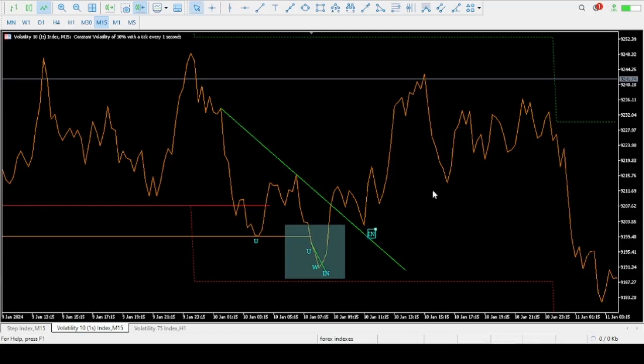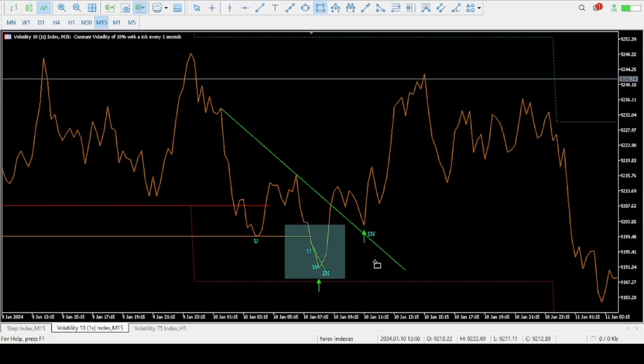In is after a break of structure like it was in the past example. In comes in at the break of structure. So we would have gotten this low entry and we would have gotten this entry after the break of the trend line.